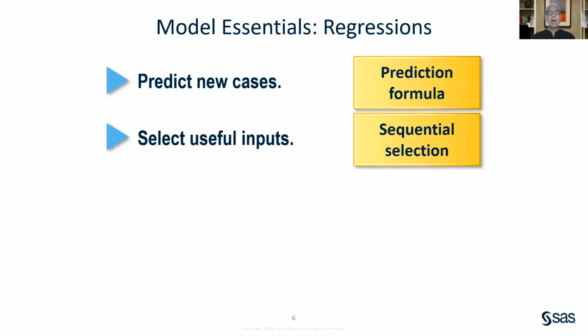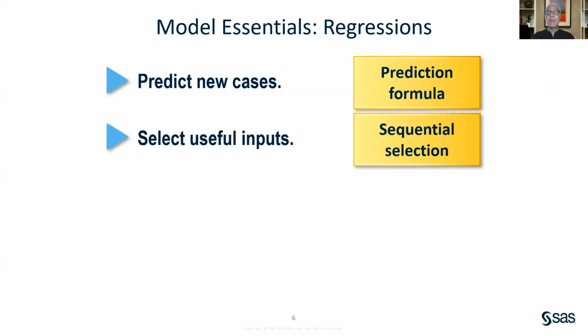Well, typically, one of the things that we found is that it's not very helpful to our model to have many, many inputs. A more complex model is just more difficult to maintain and more difficult to execute. So what we want to do is narrow down that list of inputs to only those that are most important. And that's the process of sequential selection.